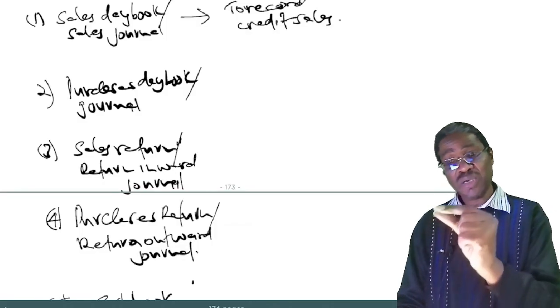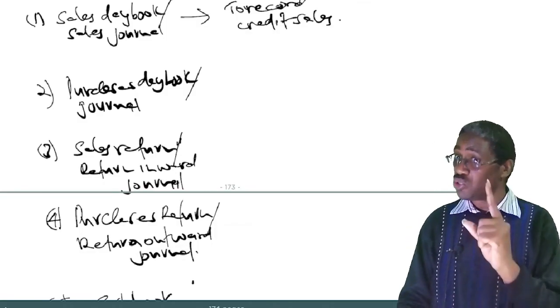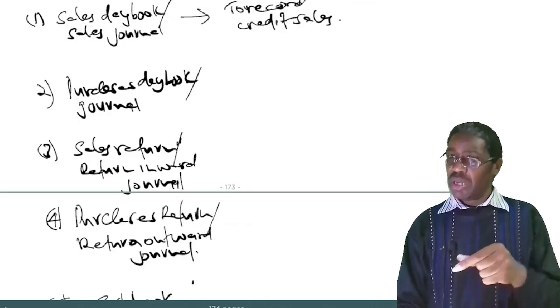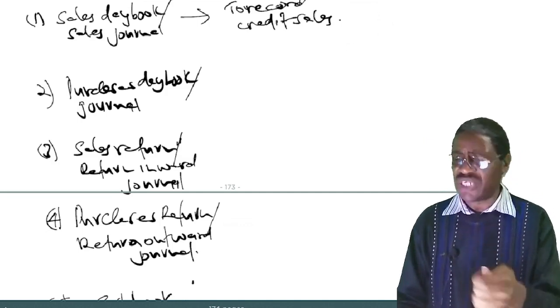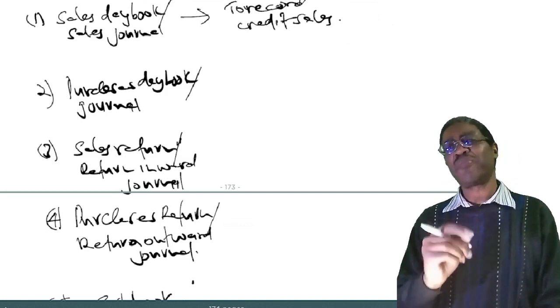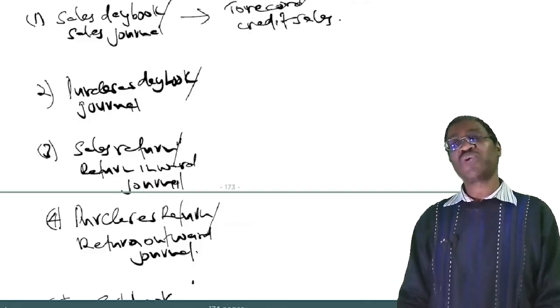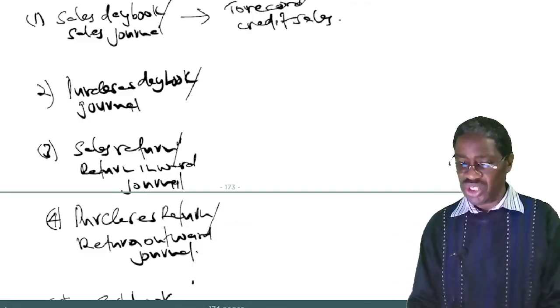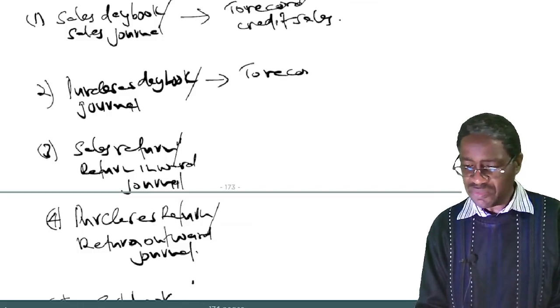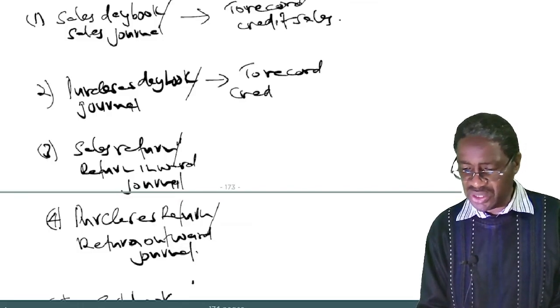Listen, not cash purchases. When you purchase goods by cash, you as a business, you record it in the cash book. But when you purchase goods on credit, we record it in the purchases daybook, or what we are calling the purchases journal. So we are using this one to record credit purchases.